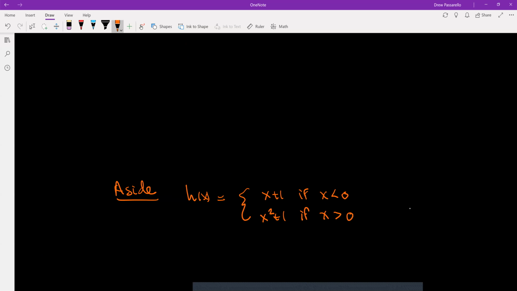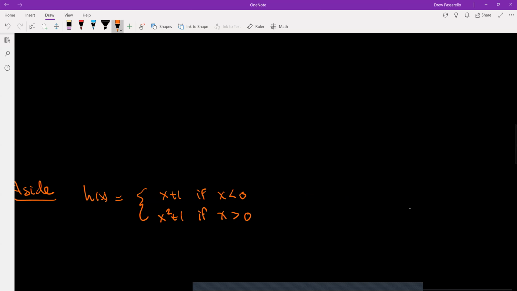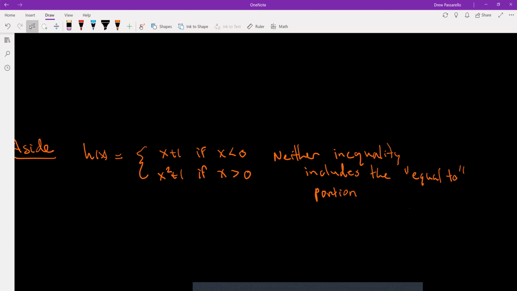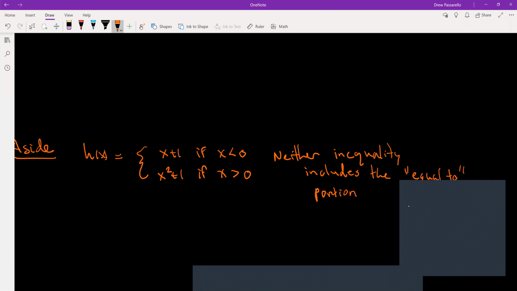So now neither inequality includes the equal to portion of the inequality. And what this means is you're not including 0 in the domain.